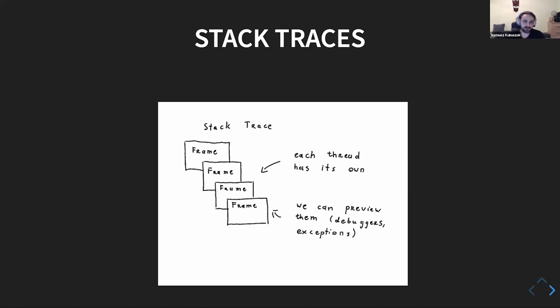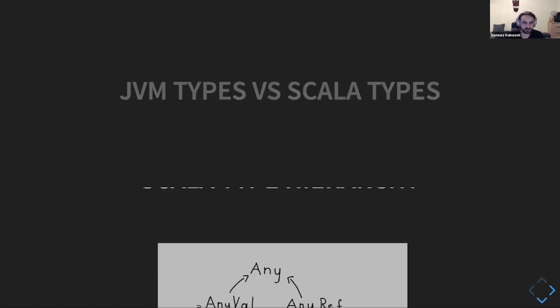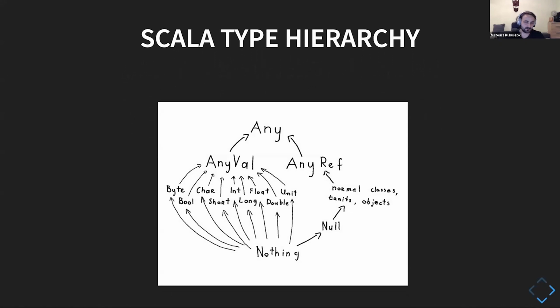So, okay, now that we understand mostly what the JVM does under the hood, we might take a look at some differences between JVM and Scala types. Let us remind ourselves how the Scala type hierarchy looks. We have the top type, Any, which all of the types extend.